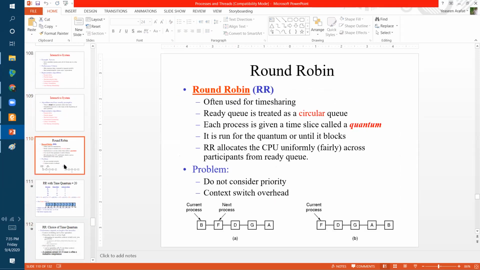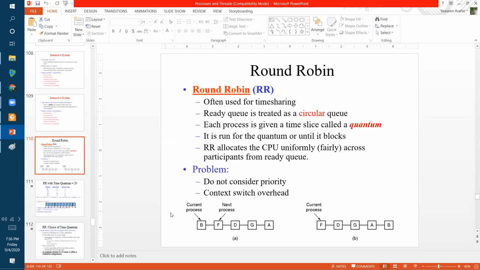I taught you the round robin scheduling algorithm at the very beginning of this course, when I taught you the process states versus time diagram. I told you the scheduler will give the CPU to any process for at most a quantum of time, a certain time. This is called a quantum.